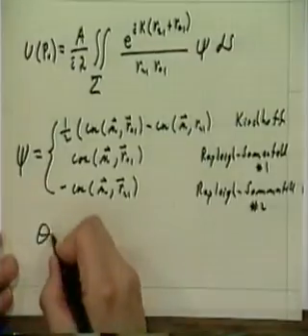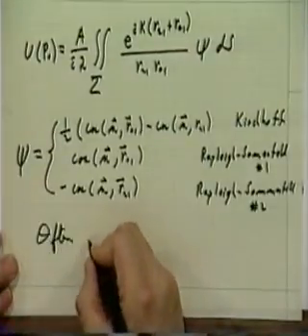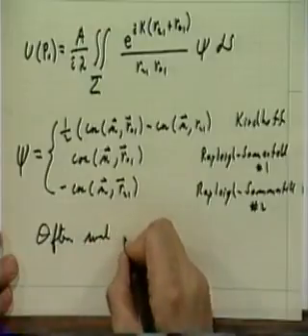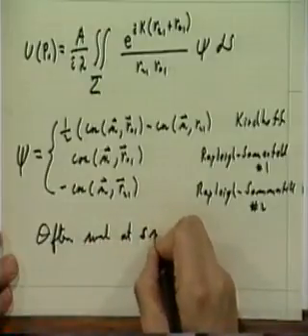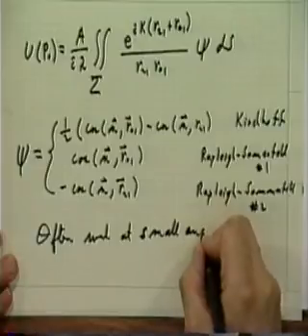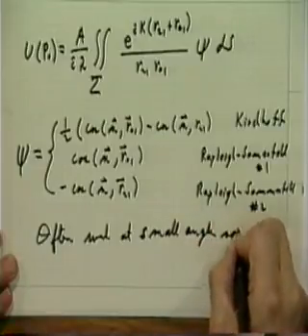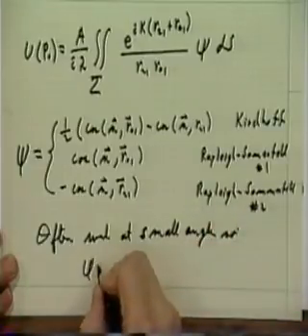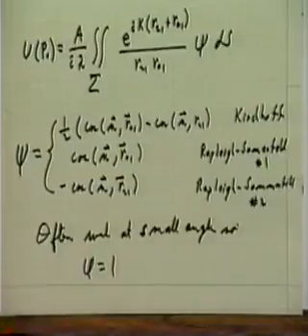I'll say often work at small angles. So this is equal to 1. Okay. Any questions at this point?